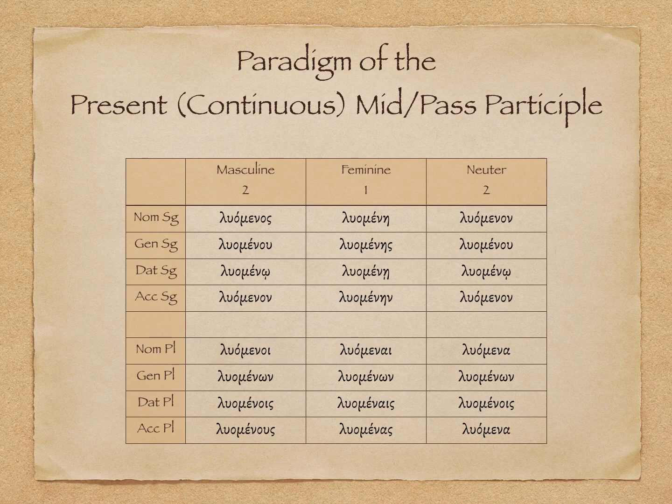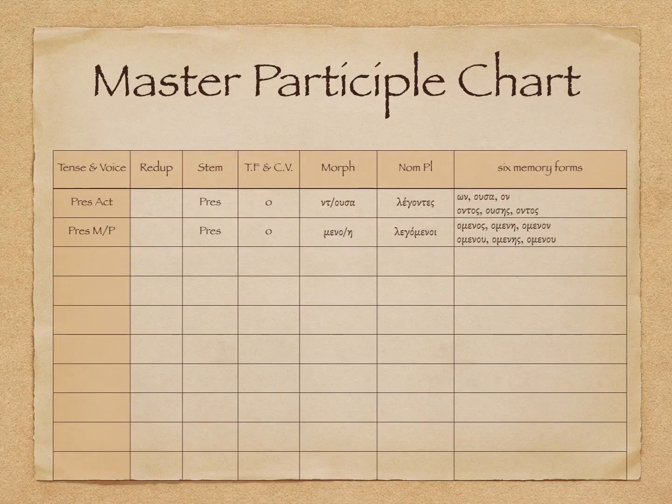Luamenon, luamenon, luamenon. Once we have that master case ending chart down and the present active and middle and passive participle, we are on our way to thinking about other tense stems of the participle chart.